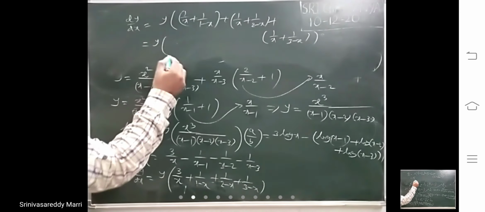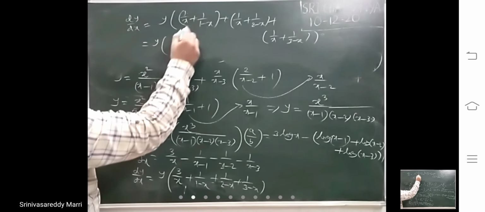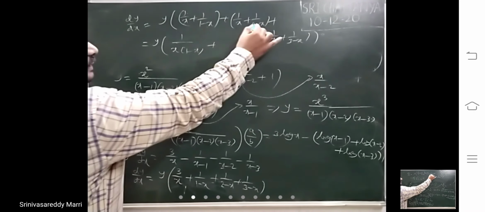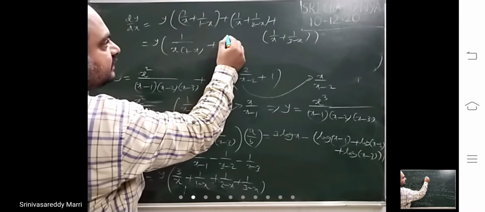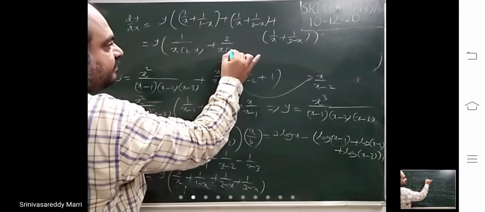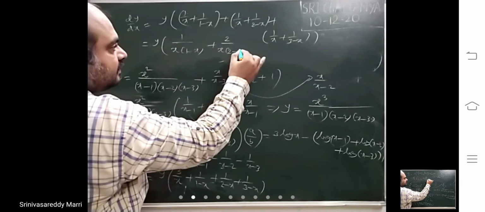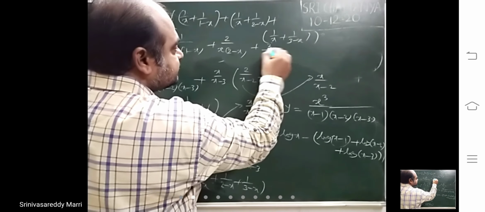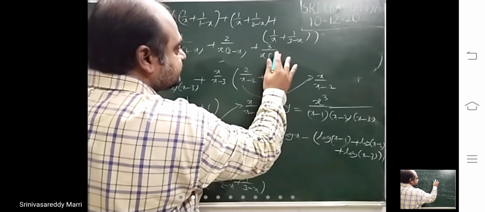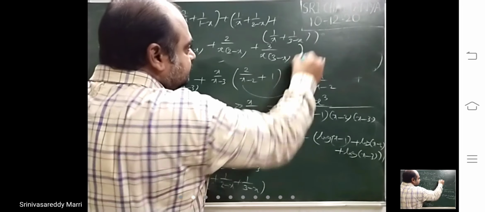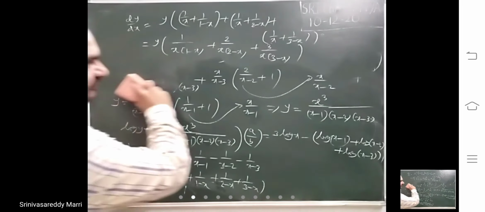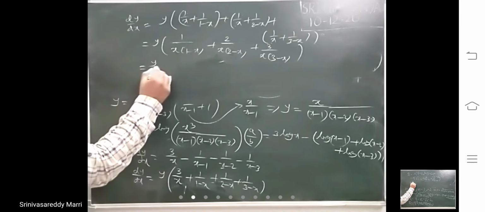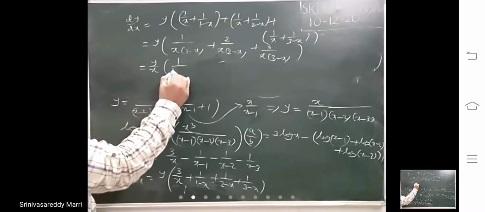Now if you take the LCM here, 1 minus x plus x, 1 divided by x into 1 minus x, 2 minus x plus x, 2 divided by x into 2 minus x, plus 3 minus x plus x, 3 divided by x into 3 minus x. So therefore, now here x is there, you write outside, y by x, 1 by x common.